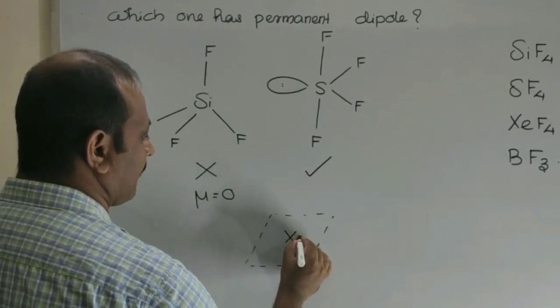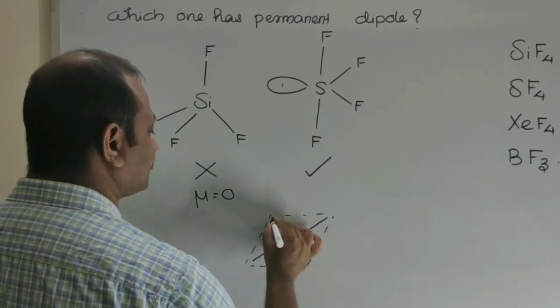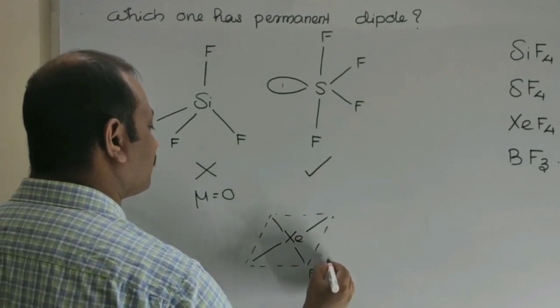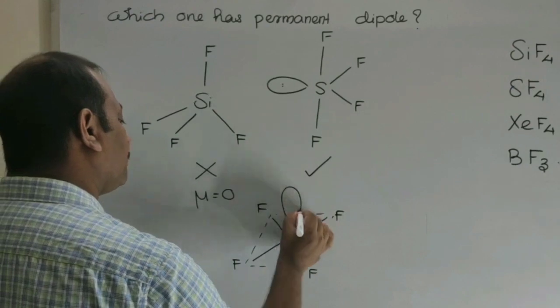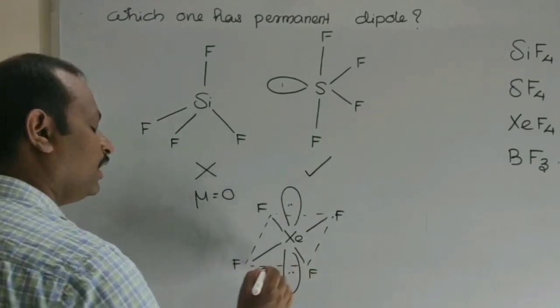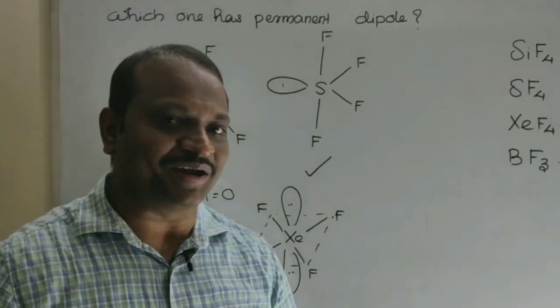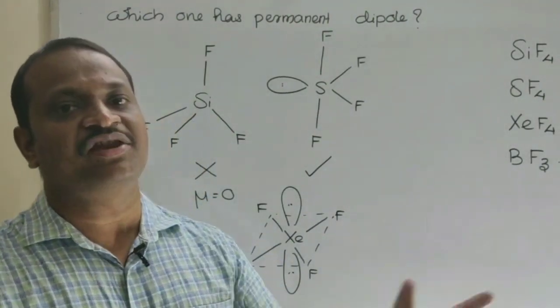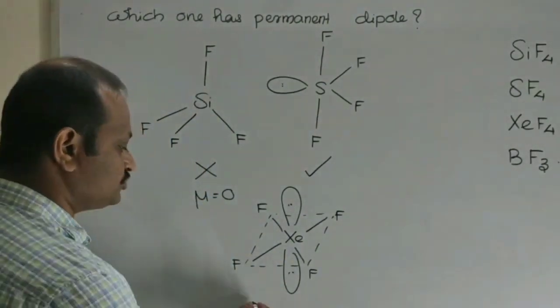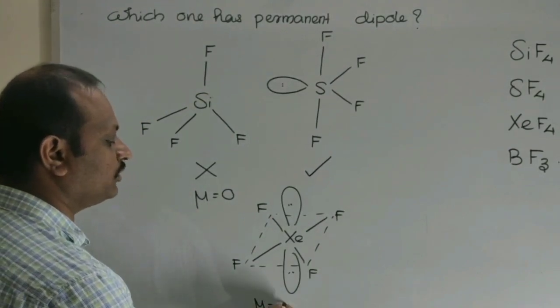So xenon at the center, and here fluorine atoms are present. And now we have one lone pair up, one lone pair down. See, in this compound we have lone pairs, but those lone pairs are oppositely arranged so that the net dipole moment will be equal to 0. So in this case also the dipole moment equals 0.